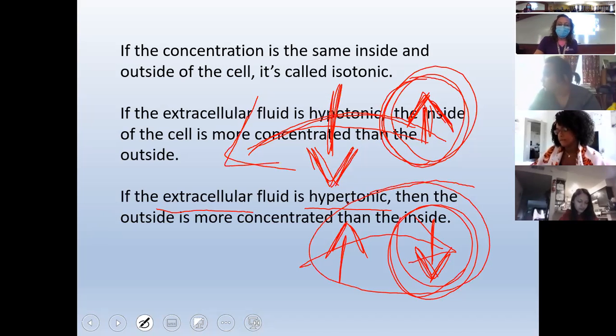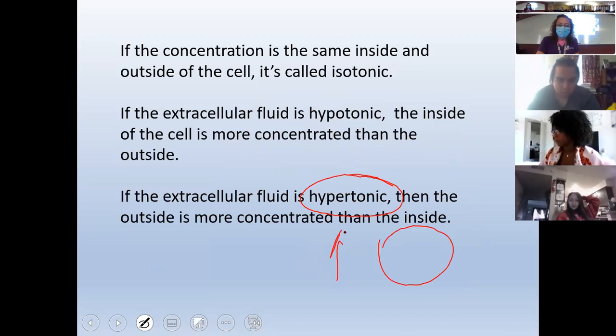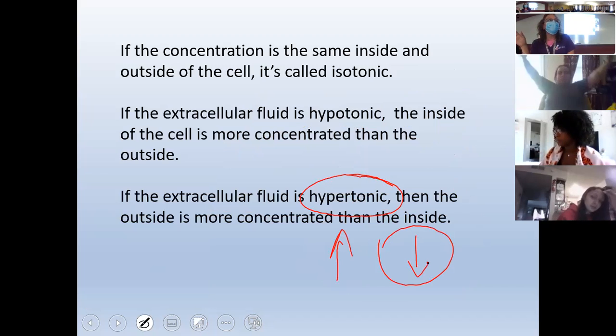Let me give you an example of this that I think most of you will be able to relate to. This is specifically referring to a hypertonic solution. The outside is higher than the inside. All right, in your minds, some of you may not know what I'm talking about here, that's okay. In your minds, I need you all to go to the store and grab some gummy bears.